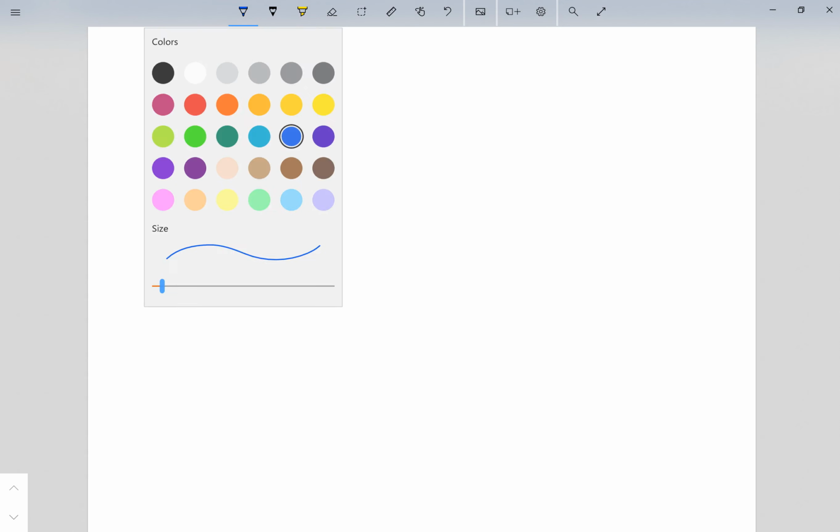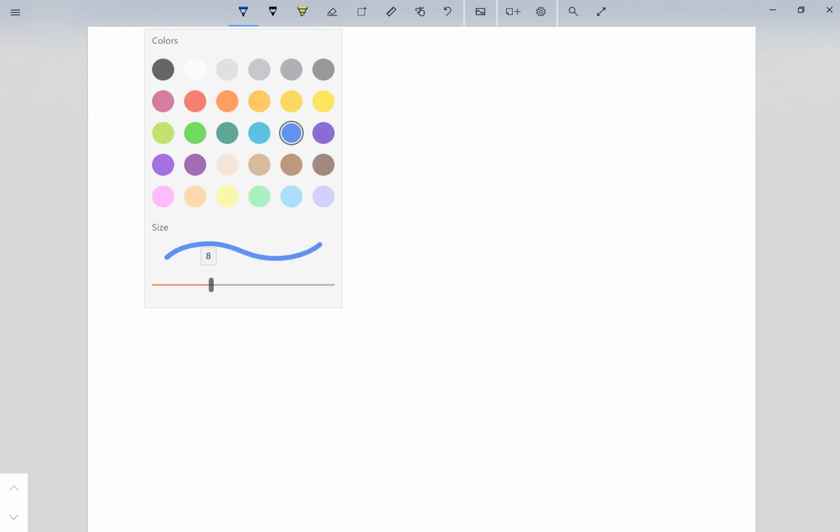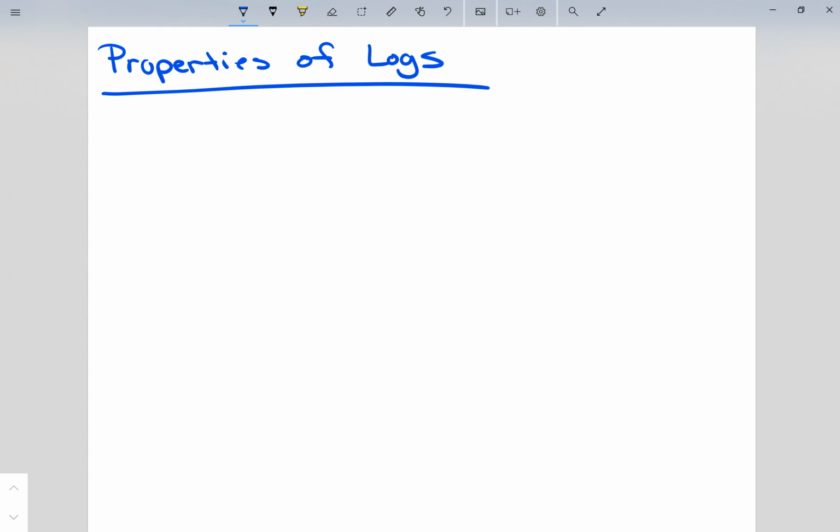So let's list our properties of logs first. So here is your first one, the product property.